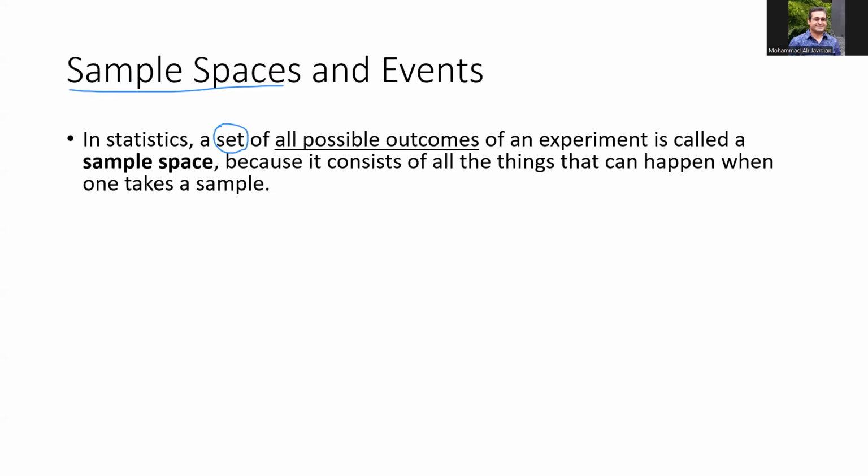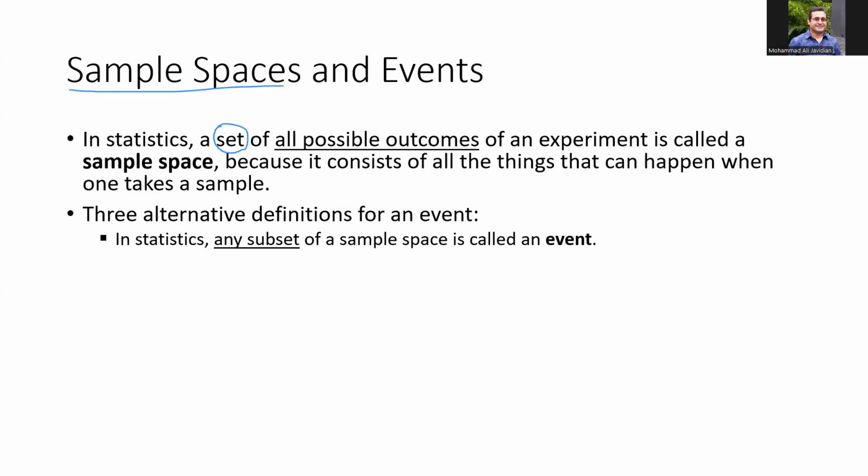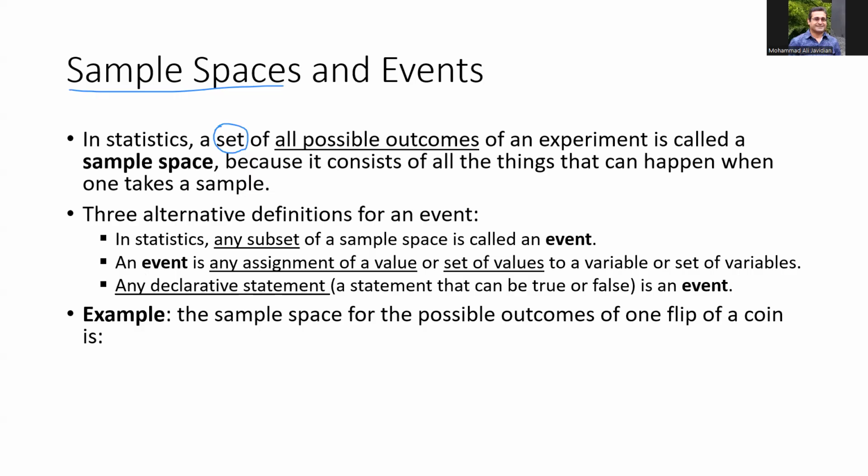For example, the sample space for possible outcomes of one flip of a coin is this set: S equals {H, T}. H stands for head, and T stands for tail. So this sample space has only two members. So the cardinality of this sample space is 2.